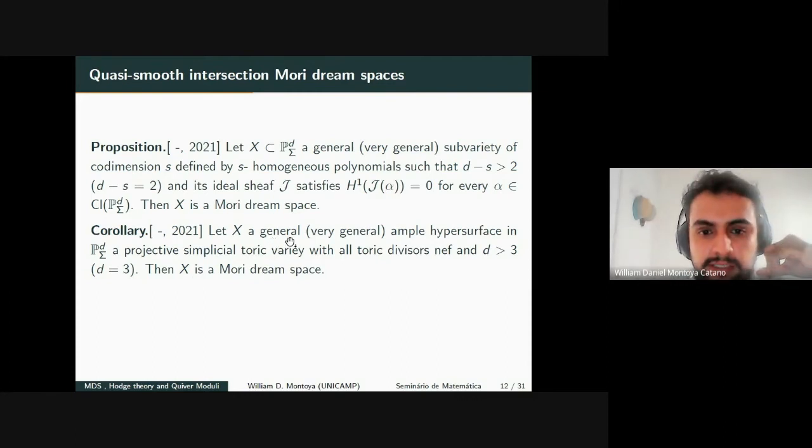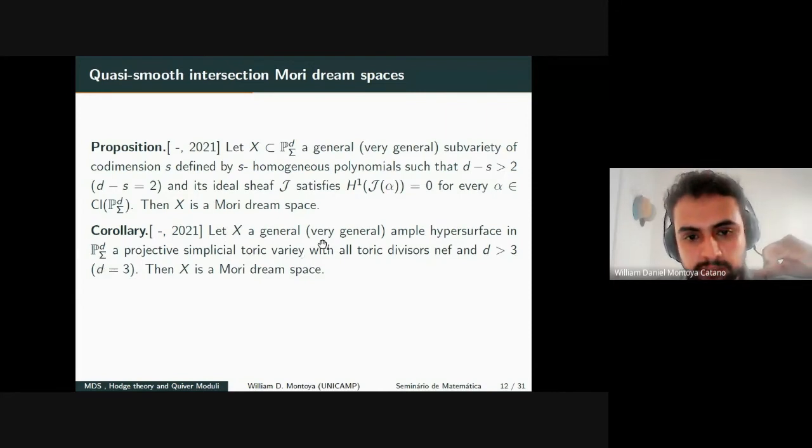Again, this generality guarantees this is a quasi-smooth intersection, and it is also crucial in the proof, because you use the Noether-Lefschetz theorem and the Grothendieck-Lefschetz theorem, which tell you that being general and having dimension d greater than 3, this variety is going to have the same class group as the ambient space.